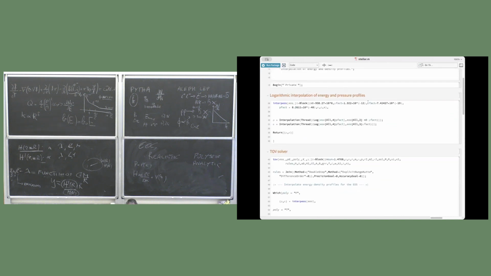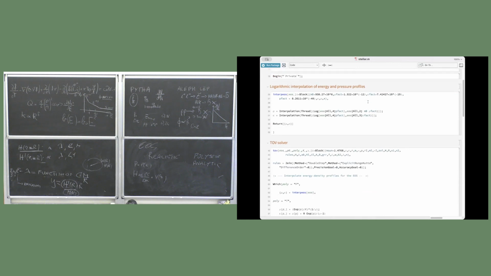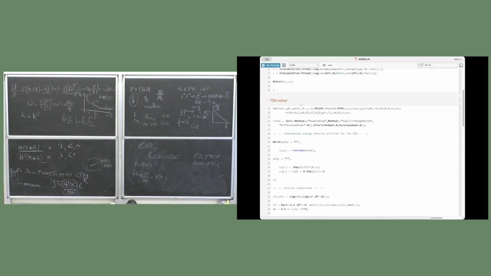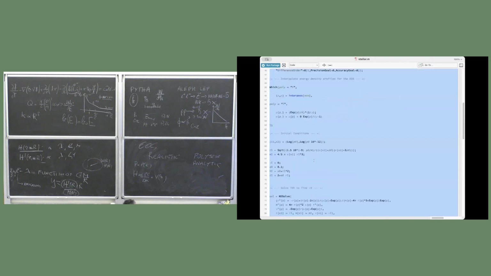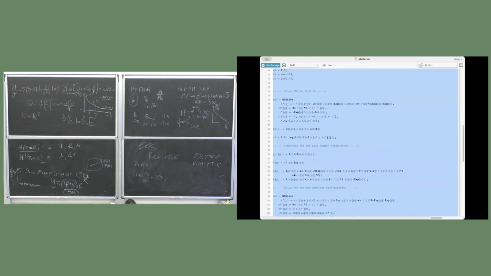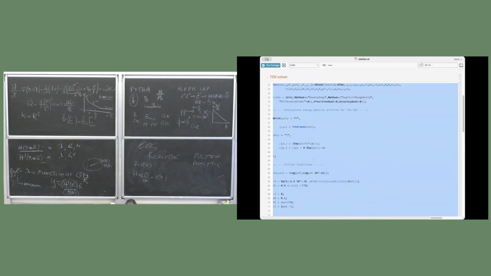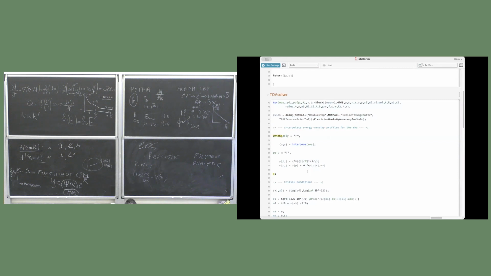So this stellar.m is a package that does many things, including this TOV function, which is a pretty long function. Not too long, but basically it does several things, and I just want to go through it. It solves the background equations for the stellar perturbation, so gives you the star, and then solves for the perturbation.